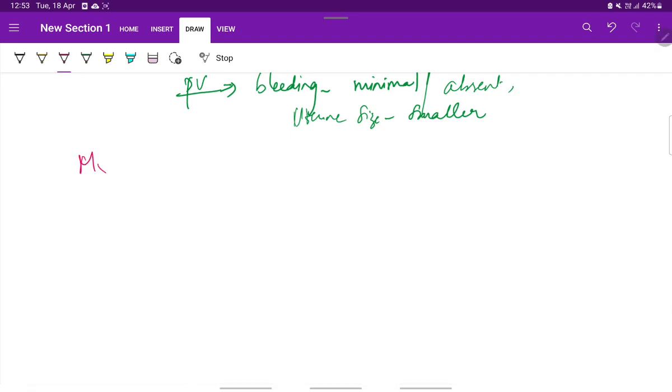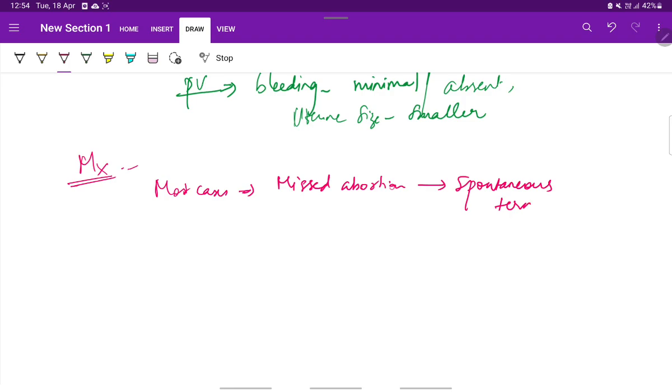Coming to the management, in most cases missed abortion undergoes spontaneous termination of pregnancy.